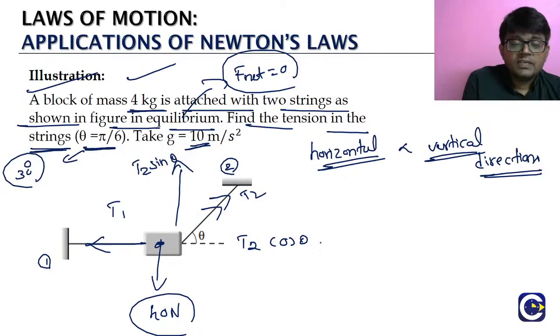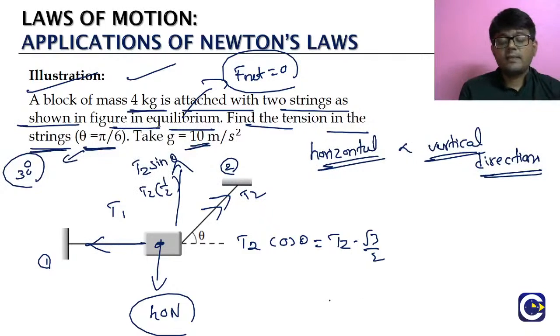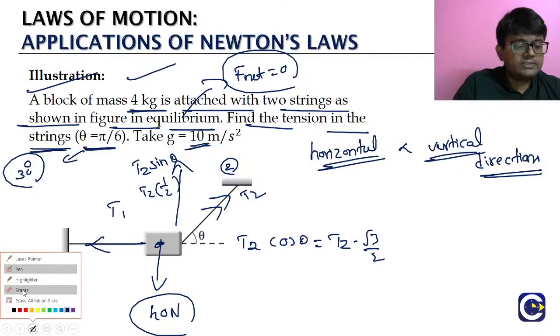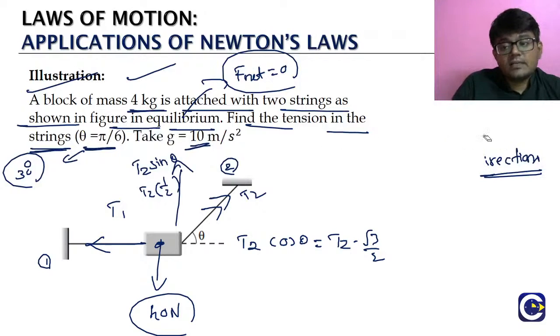So T2 cos theta, T2 cos 30 எவ்வளவு? √3/2 T2. T2 sin theta, sin 30 எவ்வளவு? Half. Okay, so இப்ப பாருங்க, what are the forces in the horizontal direction? தனித்தனியா நம்ம பார்க்கலாம். So we'll just look at the equation that will come in the horizontal direction first.